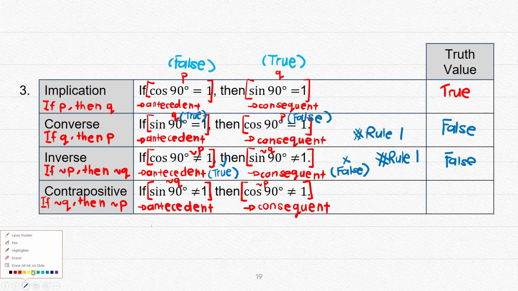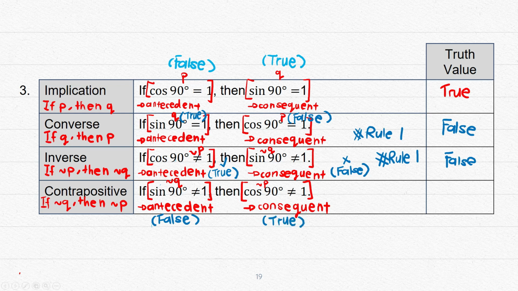We already determined the truth values for tilde Q and tilde P. Tilde Q is false, so for the contrapositive the antecedent is false. Tilde P is true, so the consequent is true.